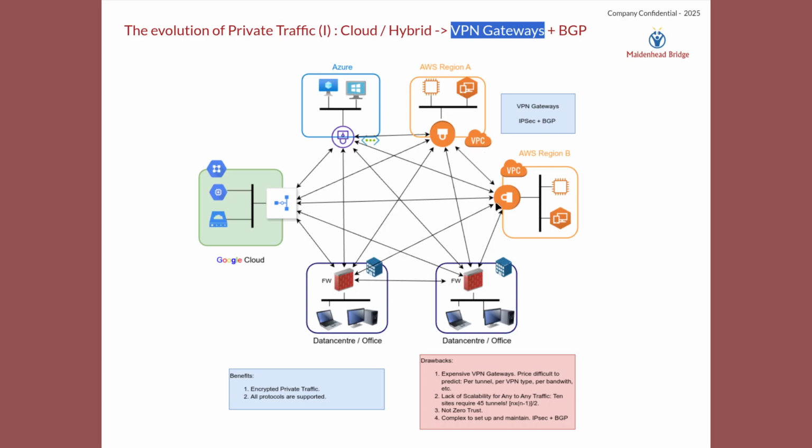With the connector, it's a fixed price. There is a lack of scalability, as I said, because we need to create multiple tunnels. It is not zero trust, it will connect any to any. And it's very complex to maintain, because in order to do the proper routing you need to implement BGP. Can you imagine doing BGP link by link here? Impossible.